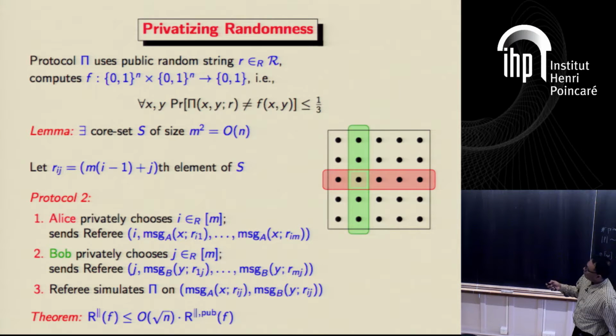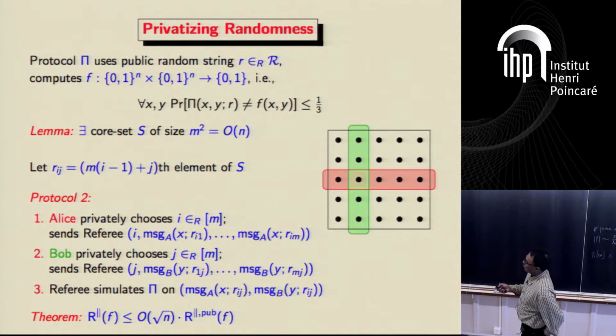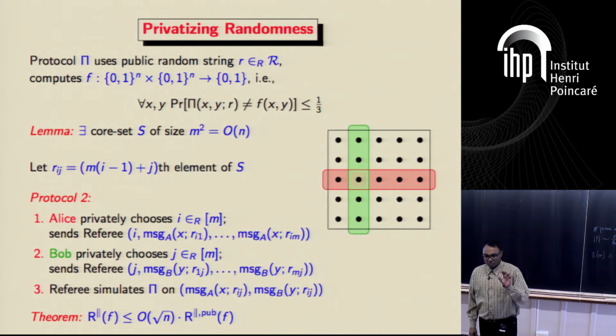As we have seen, we have some protocol pi using public randomness. We find some core set for this protocol, and the core set is of size order n. Let's just assume that this size is a perfect square, which we can do without loss of generality. Let's say the core set is of size m squared. Previously, the whole challenge was Alice and Bob needed to agree on one random string in this core set, and the way to do that was for Alice to pick it and then send it to Bob.